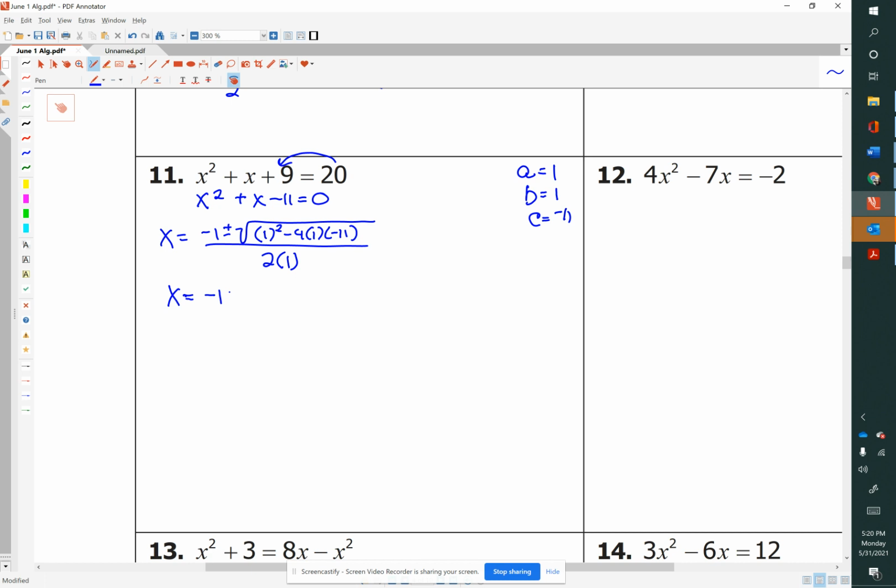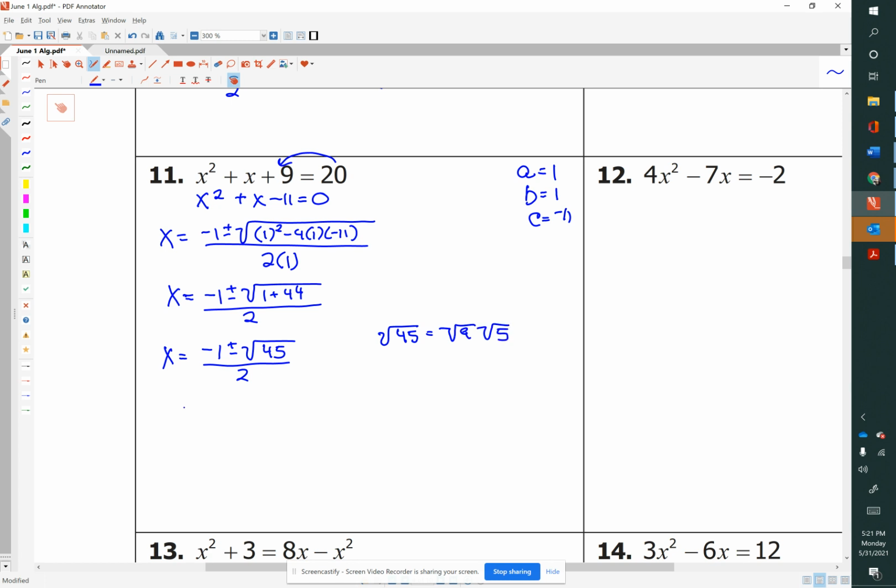So now as we evaluate that, -1 plus or minus the square root of 1 plus 44, all over 2 times 1, which is 2. So that'll give us -1 plus or minus square root of 45 all over 2. And when we evaluate this, we can think of the square root of 45 as the square root of 9 times the square root of 5.